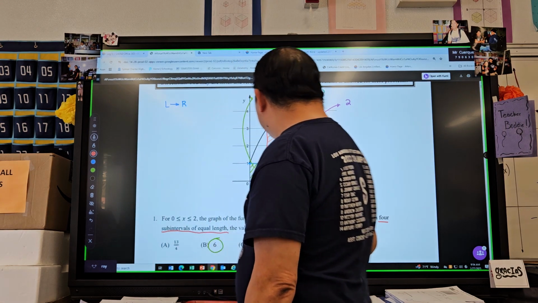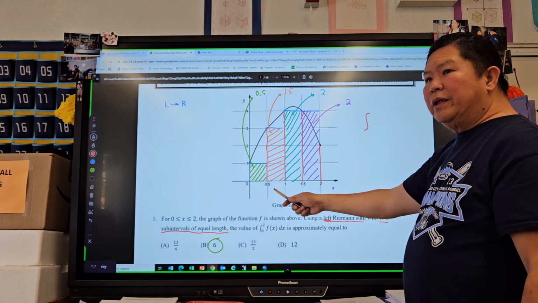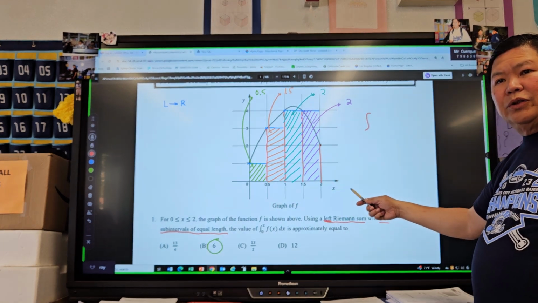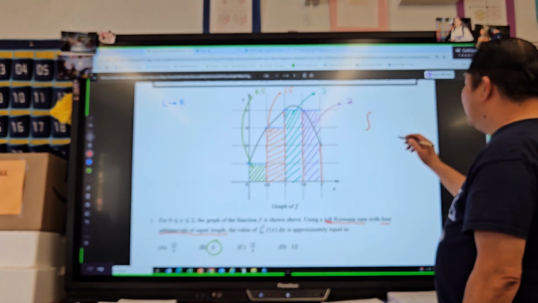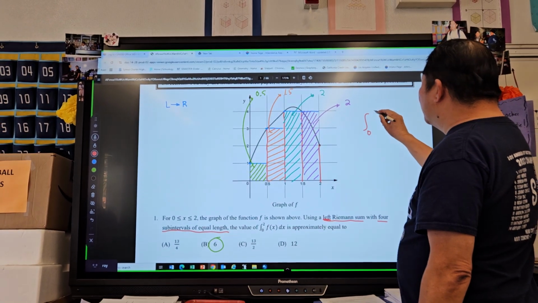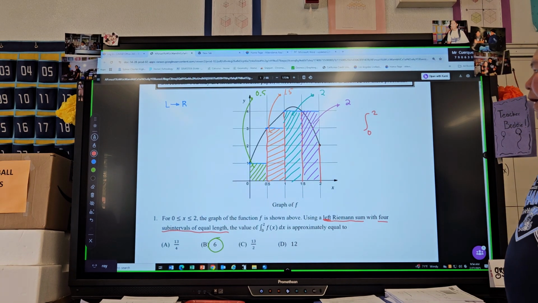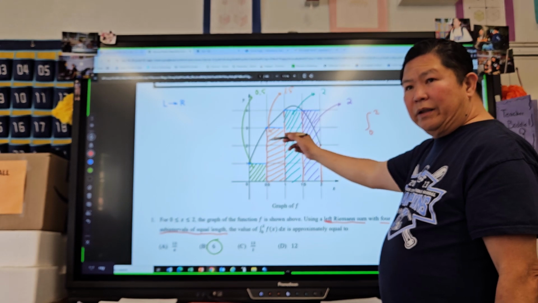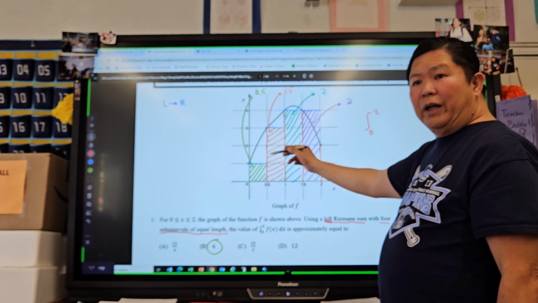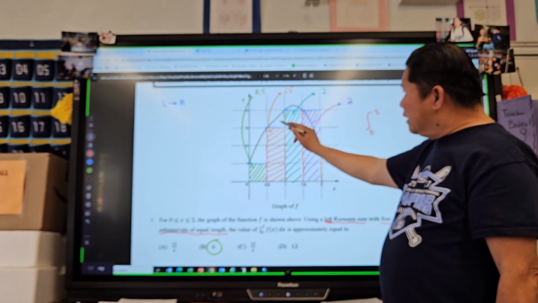We have to do the integral from, what is the interval? From 0 to 2, right? From 0 to 2. Now, you might say, how about this, Mr. Roy? This is not included, right? For left Riemann sum, this area is not included right here.